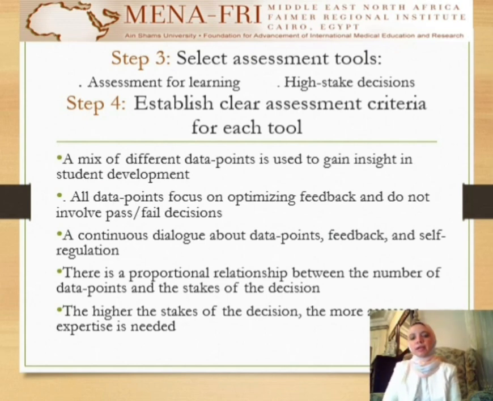The student has to get feedback and time for remediation to improve himself. Sometimes we say that we have to make this data point or this assessment repeated in order to let him try again and be sure that he has learned something and he has improved at a certain point. He has to take the chance to do this.